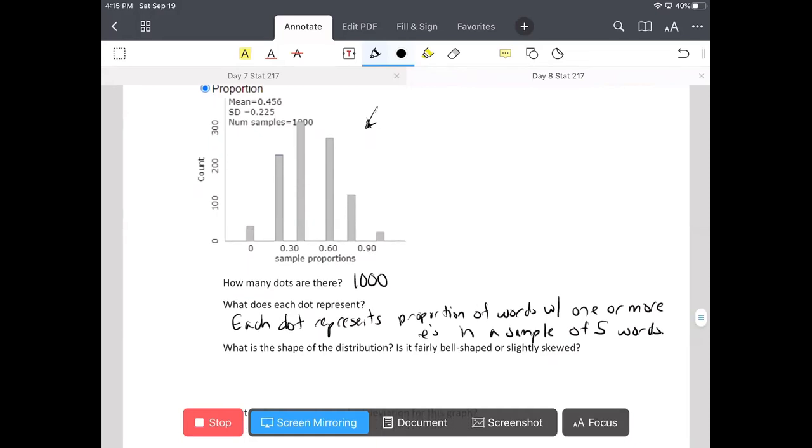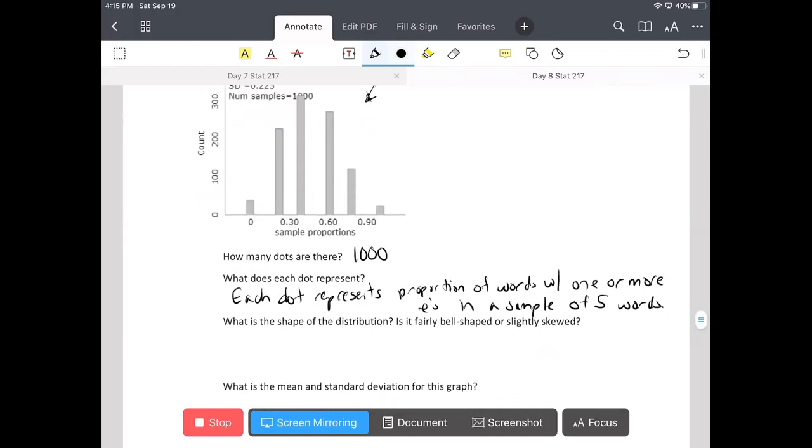What's the shape of the distribution? Can I say it's pretty bell-shaped, or is it slightly skewed? Well, first of all, there are lots of gaps. We see gaps all throughout here, so it's not pretty and smooth. And we also see that it's getting pulled up a bit over here.